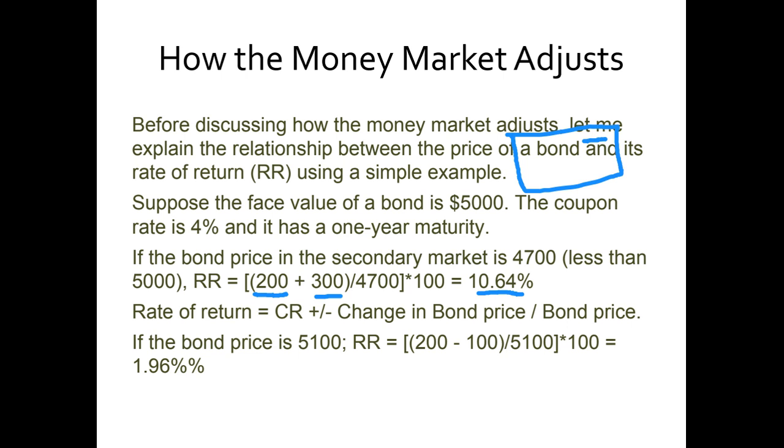10.64%. Now let's see if the price is greater than 5,000, what would happen? Suppose the price is 5,100, that is, I bought this $5,000 face value bond for 5,100. What would happen? I will definitely get $200, that is the coupon rate, 4% of 5,000, at the end of the year after the maturity date.